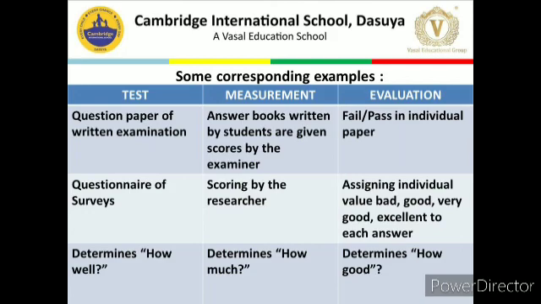Second is questionnaire of surveys, scoring by the researcher, assigning individual value bad, good, very good, excellent to each answer. And last, determines how well, determines how much, and determines how good.